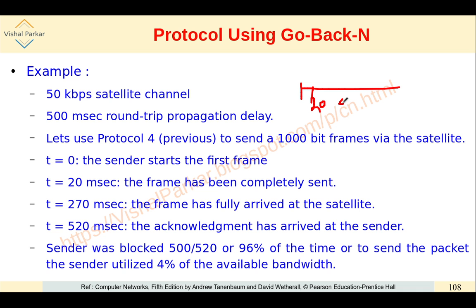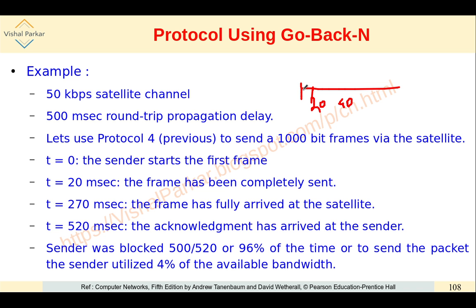After 40 milliseconds, the second frame has been sent. So after 270 milliseconds, the frame has fully arrived at the satellite. Why 270 milliseconds? Because the propagation delay was 250 milliseconds and it took 20 milliseconds to completely transfer one single frame.